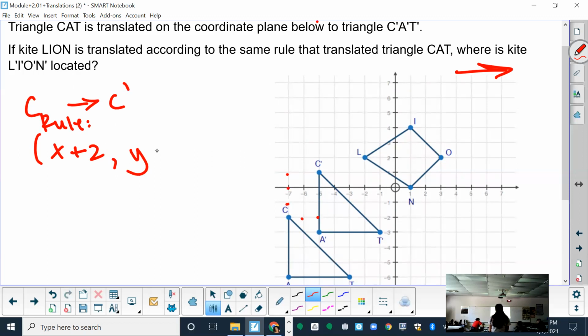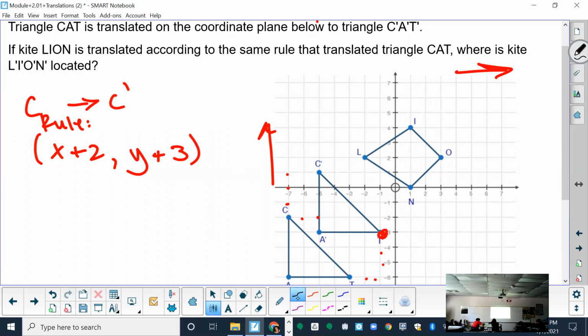Moved 3 spaces, and since I'm going upward, is that positive or negative? All right, so this is the rule. You can confirm it with the other points if you like. You can test out A to A prime, T to T prime, but you'll see that you're moving to the right 2 and up 3.